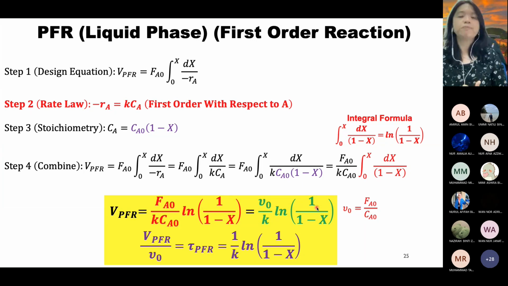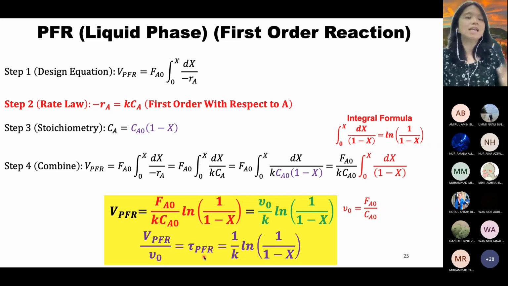So kalau kamu perasan, epsilon naught di belah kanan, I bring to the left-hand side, it becomes volume PFR over epsilon naught. So kamu dah pernah belajar kan, space-time is equal to volume per inlet volumetric flow rate. So I already got my space-time on my left-hand side.